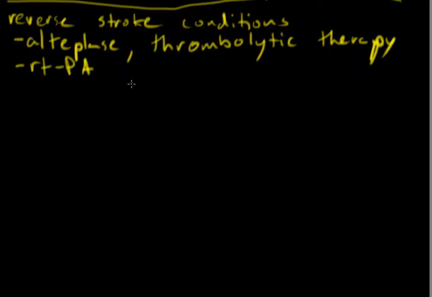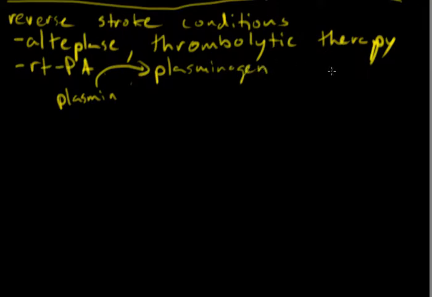The way it does this is that RTPA takes plasminogen and converts it to plasmin. And what plasmin does is it degrades fibrin, which is a component of clots. So then the clots might degrade.